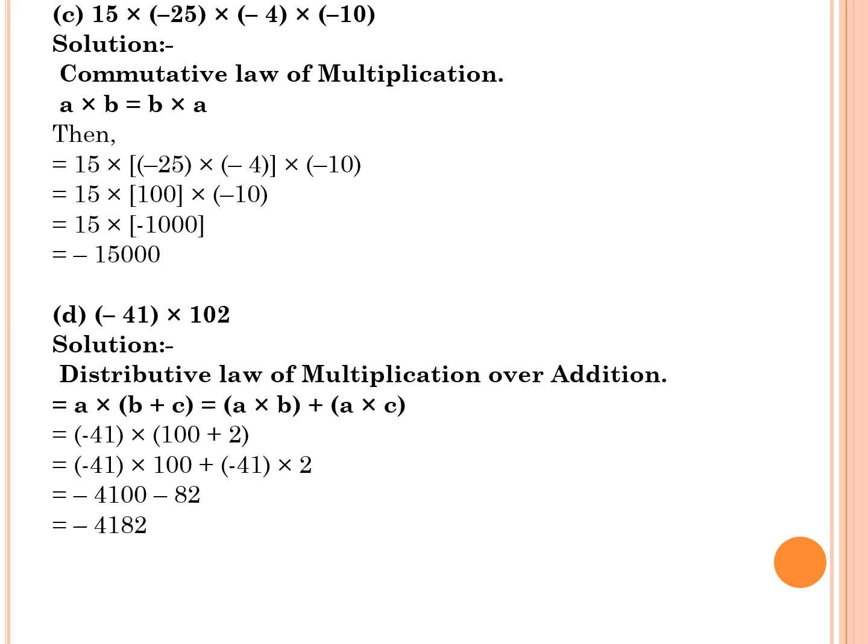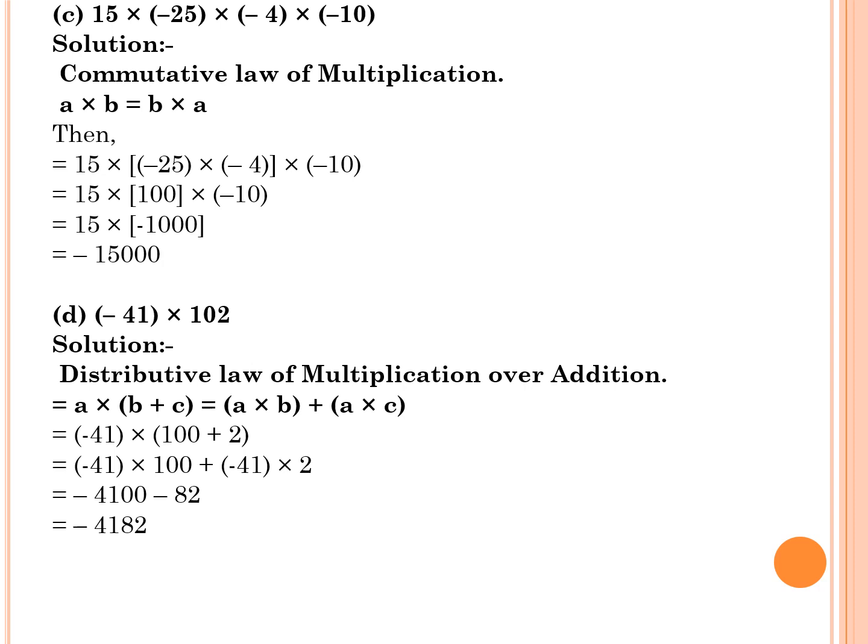D. Let us move on to the next problem, that is minus 41 into 102. Here we can distribute the 102 into two parts, that is the distributive law of multiplication over addition, which is equal to A into (B plus C) gives you A into B plus A into C. Minus 41 multiplied by 102 can be written as 100 plus 2, which is equal to minus 41 into 100 plus minus 41 into 2.